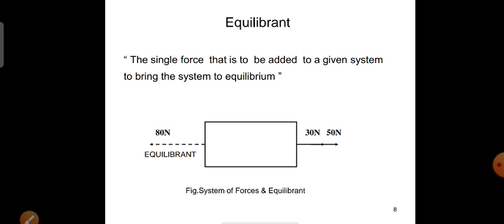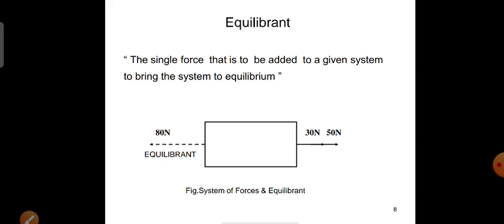So equilibrant is the single force that is to be added to a given system to bring the system to equilibrium. The force which brings the set of forces in equilibrium is called an equilibrant. The equilibrant is equal to the resultant force in magnitude but opposite in direction. Here 30 Newton and 50 Newton, two forces, are acting on the right side of the body.